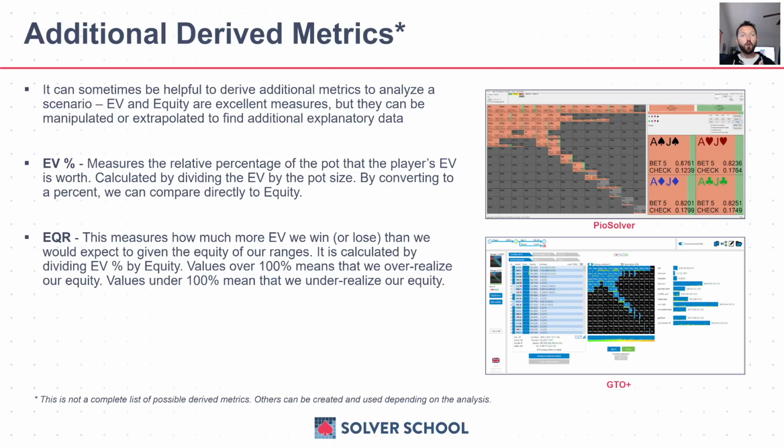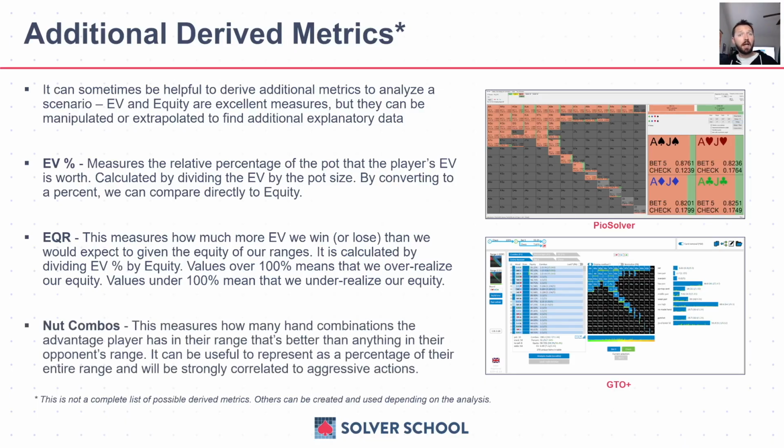Whereas values under 100%, or as it moves lower and lower down to 90% or even lower, it's going to correlate with more passive actions or more of a realization-based strategy. So equity realization is very important, and it helps us get some insights into how different ranges may perform from a strategic action perspective.